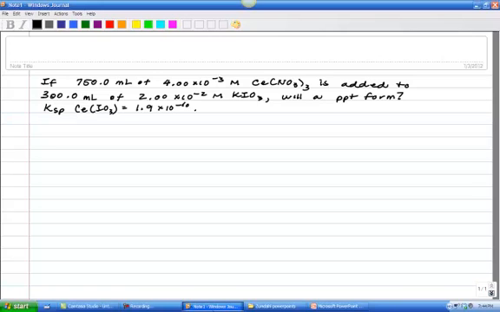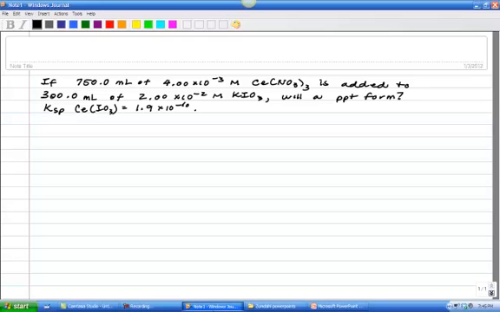And the KSP of cerium iodate is 1.9 times 10 to the negative 10. In other words, if we find that the concentration of the ions is greater than 1.9 times 10 to the negative 10, then a precipitate will form. If it's less, then no precipitate will form.